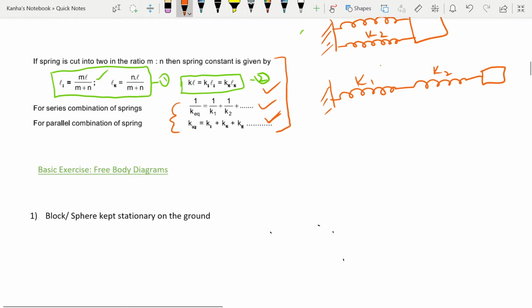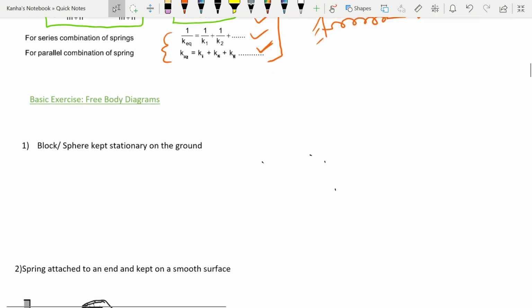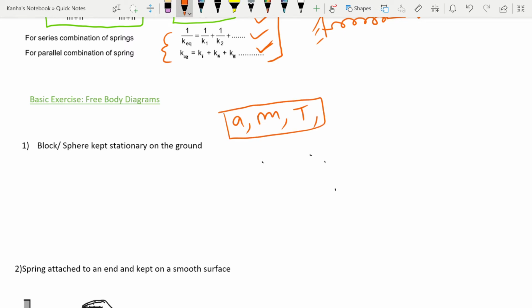So let's start with some basic exercises of free body diagrams. All the questions from this chapter include some word problem, which will require you to make a free body diagram of the problem and then find things such as acceleration, masses, tension, or some angle theta or something of that sort.